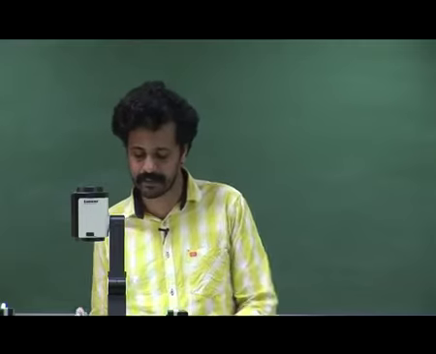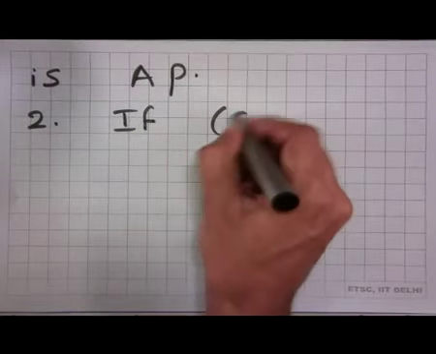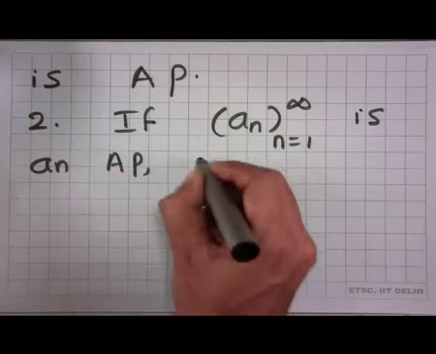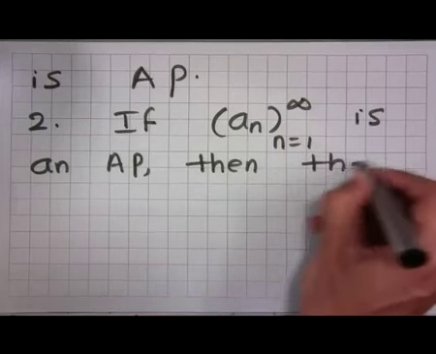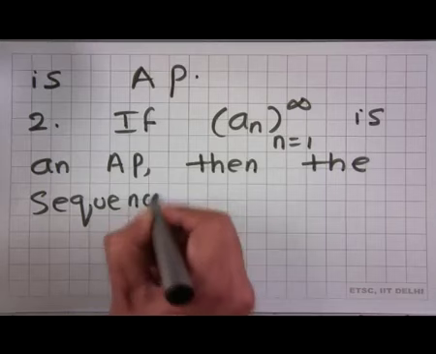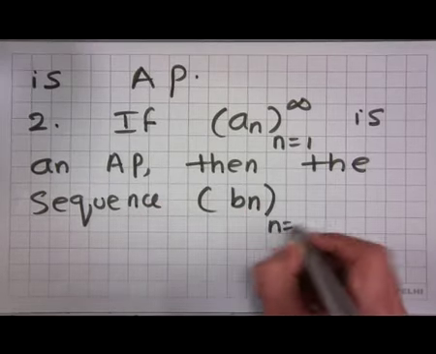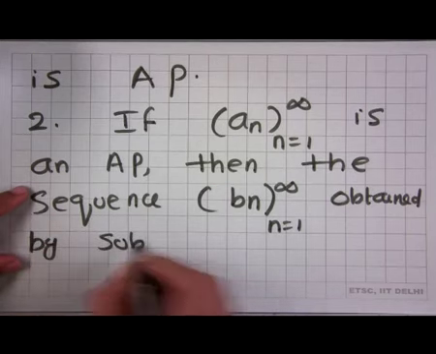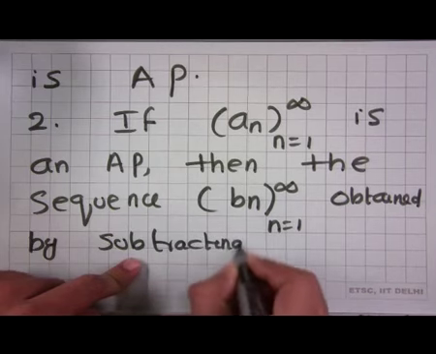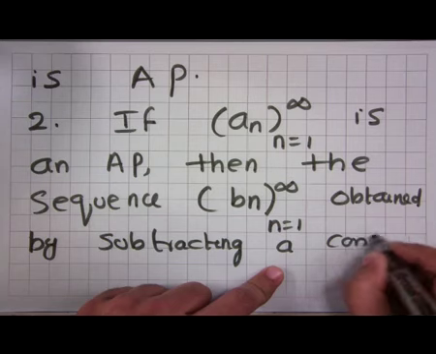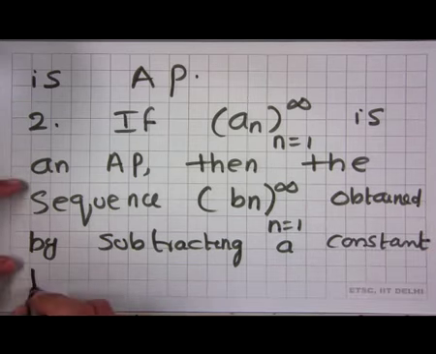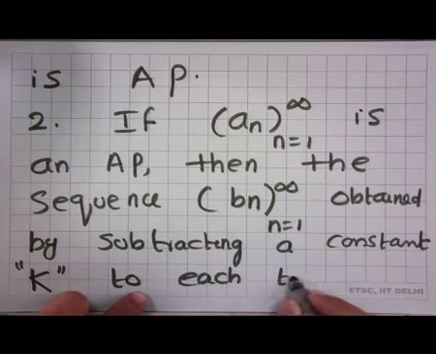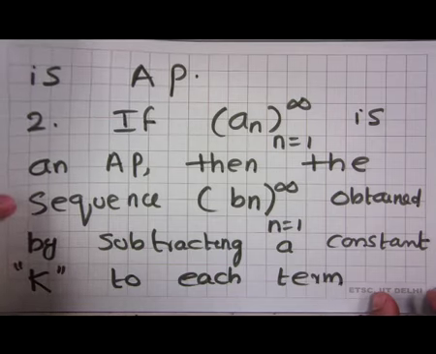To be explicit, let me list it. If a_n, n equal to 1 to infinity, is an arithmetic progression, then the sequence b_n obtained by subtracting a constant, say k, from each term is again an arithmetic progression.